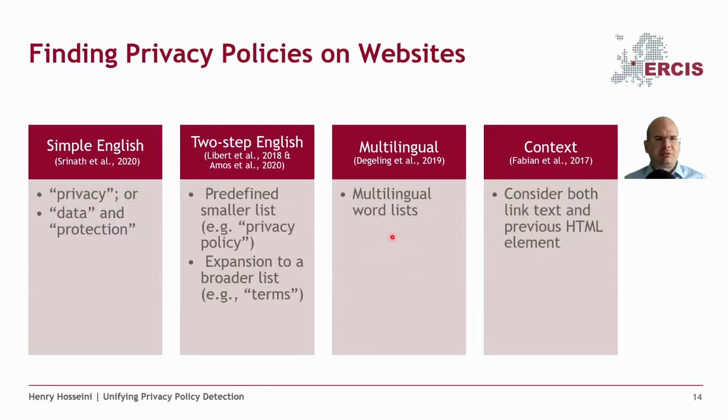A multilingual word list has also been implemented in order to search for privacy policies other than English ones. And we also have the context-based approach, which considers both the link text and the previous HTML elements.